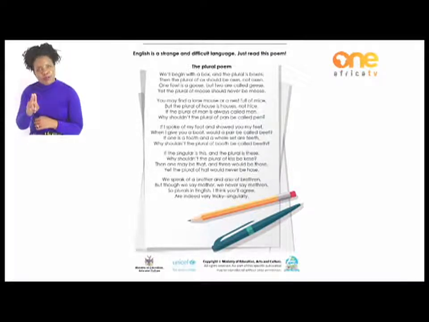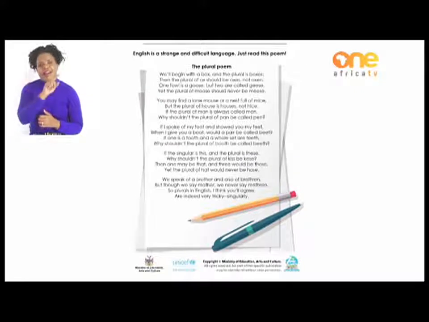If I spoke of my foot and showed you my feet, and I give you a boot, would a pair be called beet? If one is a tooth and a whole set are teeth, why shouldn't the plural of booth be called beeth? If the singular is this and the plural is these, why shouldn't the plural of kiss be keys?